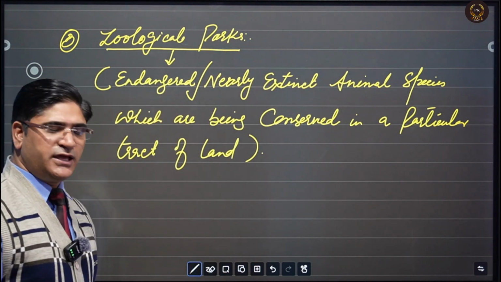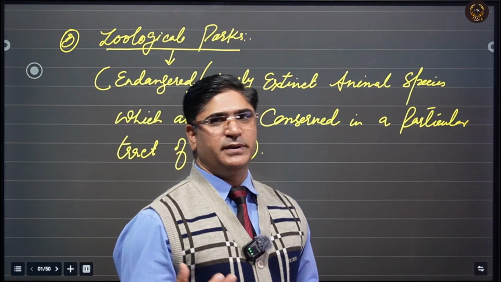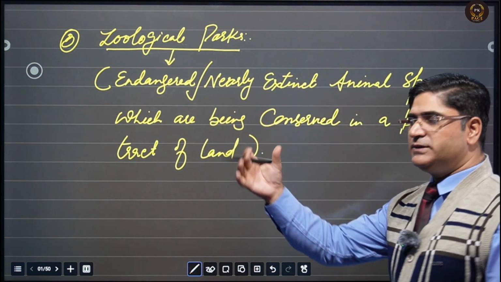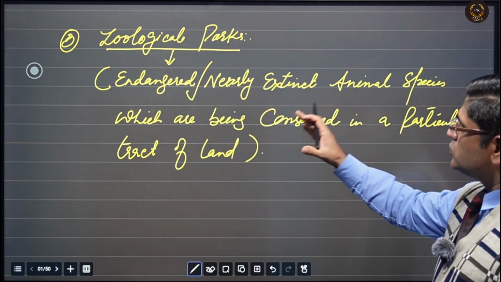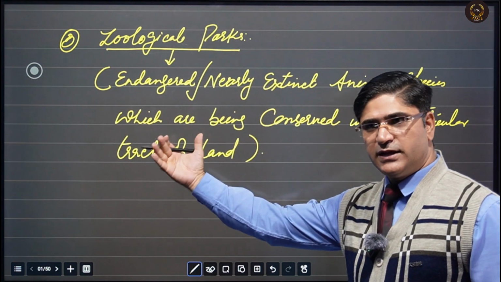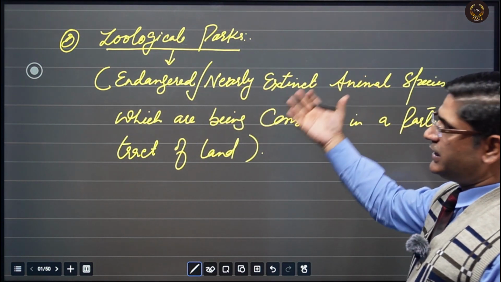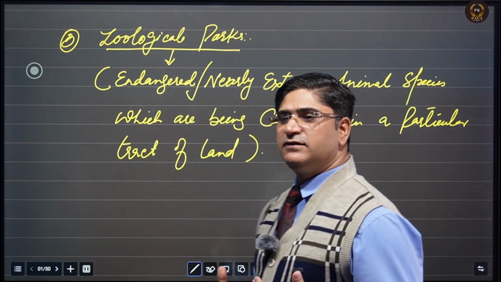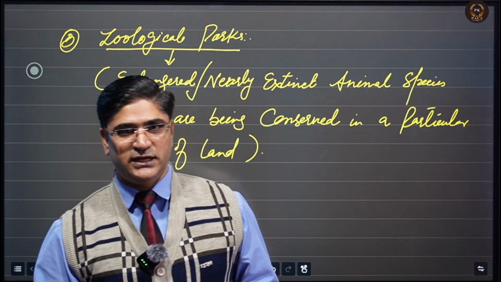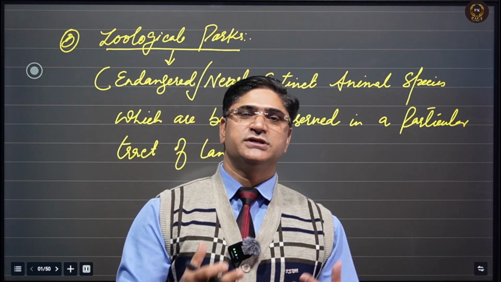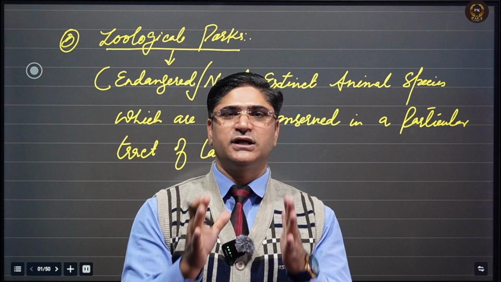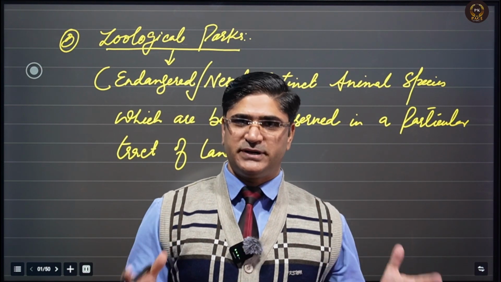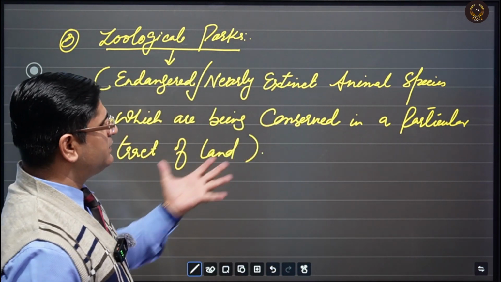In the same way as we conserve plant species, there is also conservation of animal species. Those animals who are vulnerable, who are endangered, who are very near to extinction, are taken from different geographical areas and kept in a particular land which is completely under the control of humans, managed by humans.